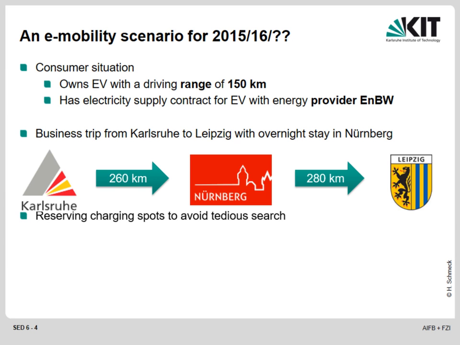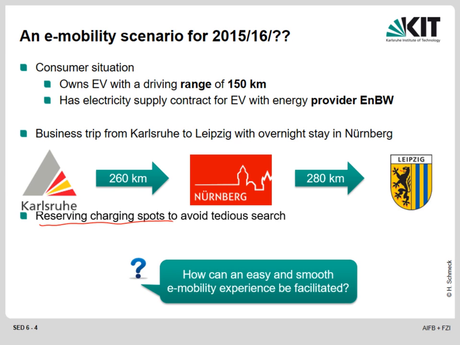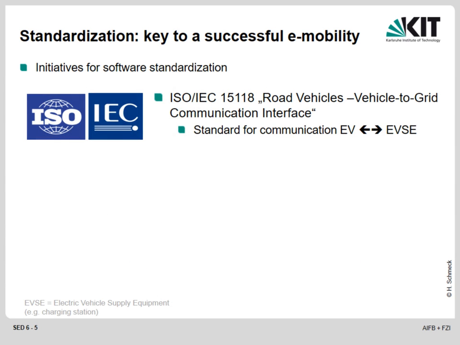You should also be able to reserve a charging spot ahead of time, because it takes about 20 to 30 minutes to get at least 80% of the driving range back. And so you need a service to reserve a charging spot. The question is how you can do that in a very simple way. And for that we have protocols.